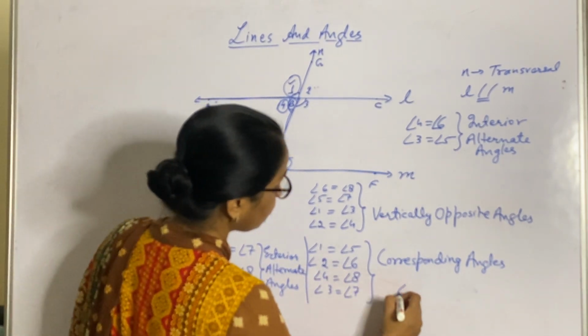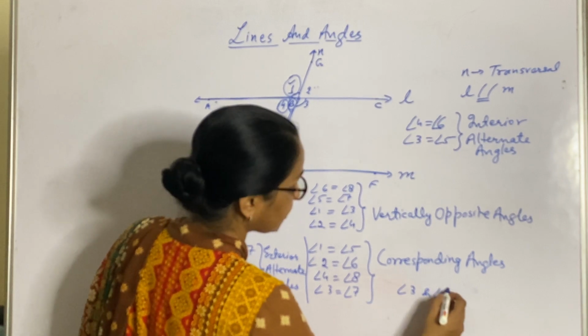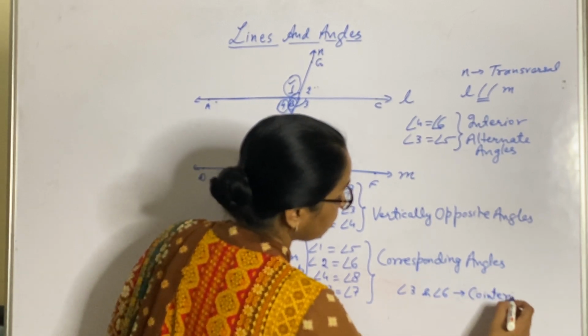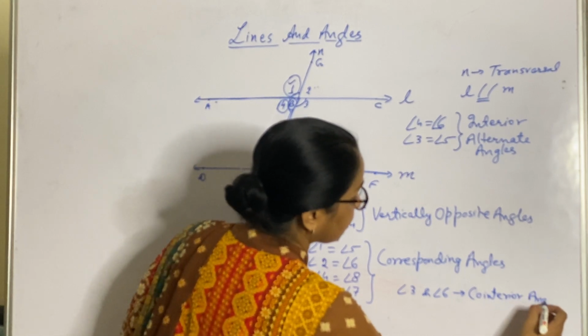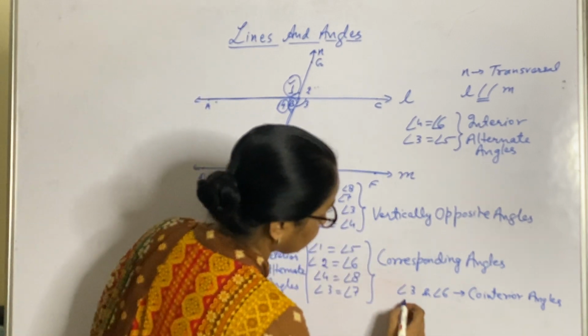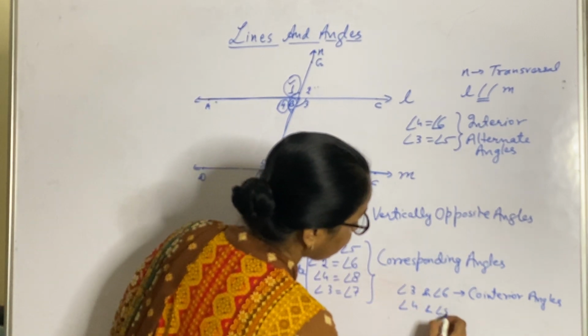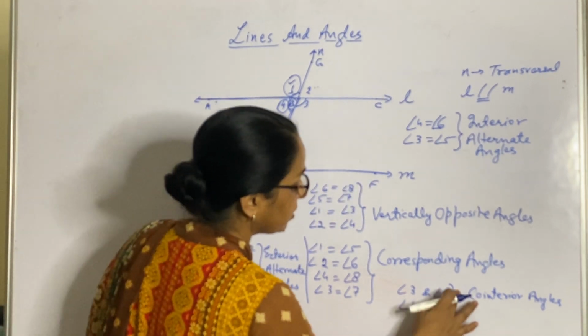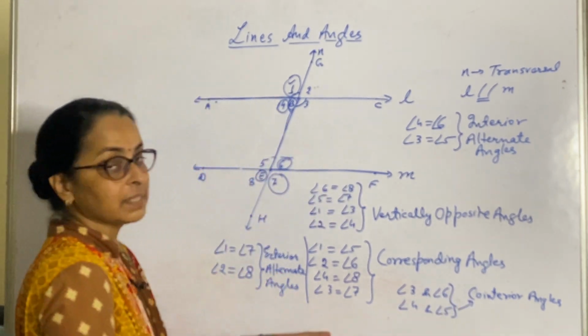So angle 3 and angle 6 are called co-interior angles. Same way, angle 4 and angle 5 are also called co-interior angles, right?